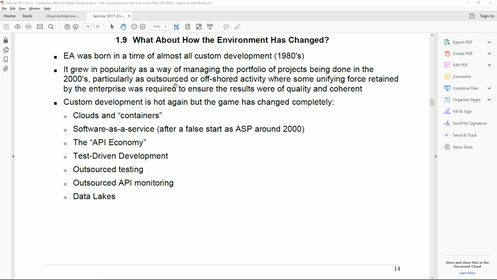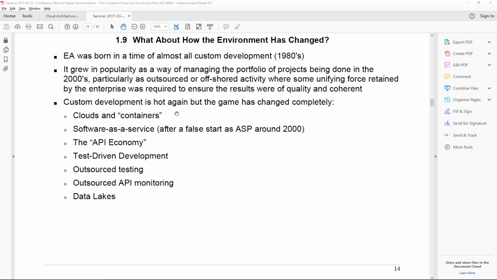If we do this other step in the meantime, we can get a better result for the business, better, faster, cheaper kinds of things. But then time has gone by, and we're back in a custom development world where a lot of software is, hey, let's build something. But the environment's changed a lot.